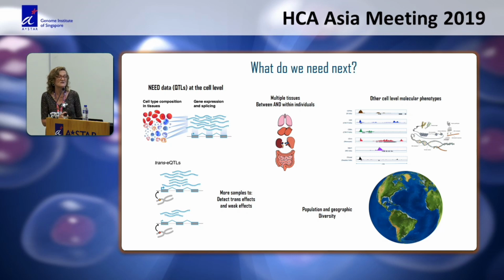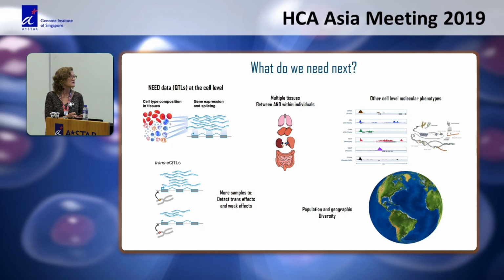We need fairly large sample sizes for these studies, which I realize is a pretty tall order given the price tag of doing these studies. But to get to trans signals, we're going to need large sample sizes, and to get at weak effects, we're also going to need large sample sizes. Although that may be ameliorated a bit by actually having single-cell data where we can detect weak effects in the cell where they're active and not have that swamped by heterogeneous cell signals.